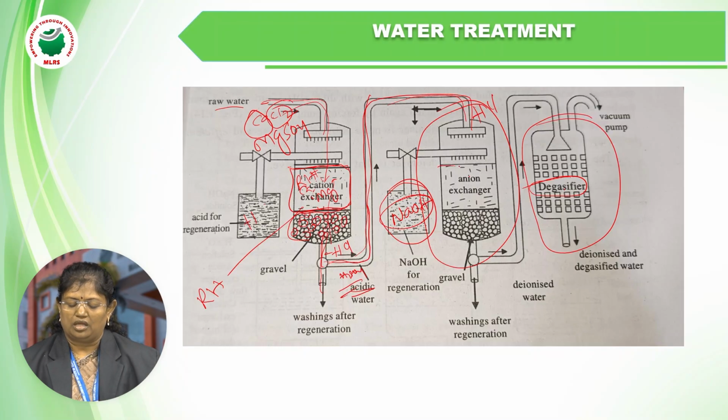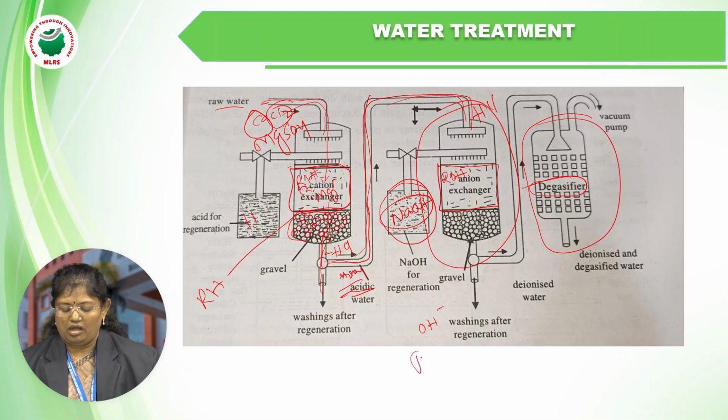The anion exchange resin is represented as ROH, because it consists of OH- ions. The ROH is there, and the HCl is coming from here. So what will happen here? An exchange of anions will take place. This is the anion of the acid, and it will come here and this will come here.